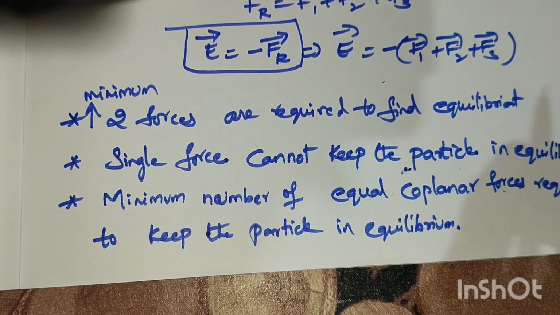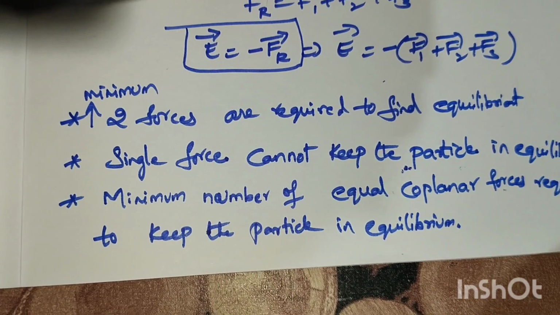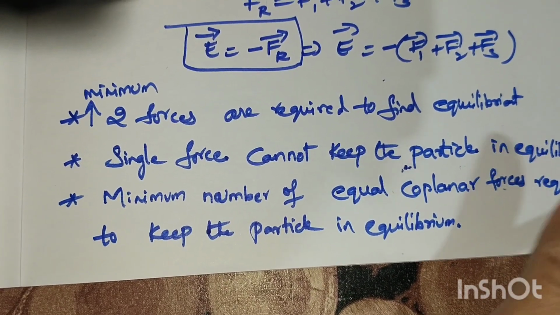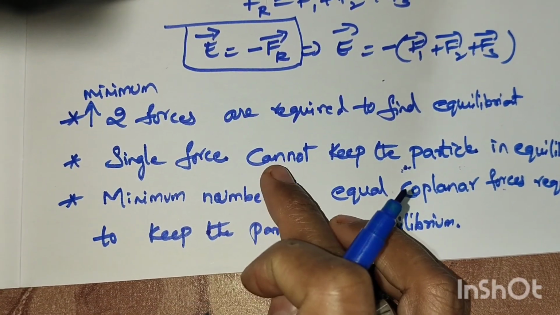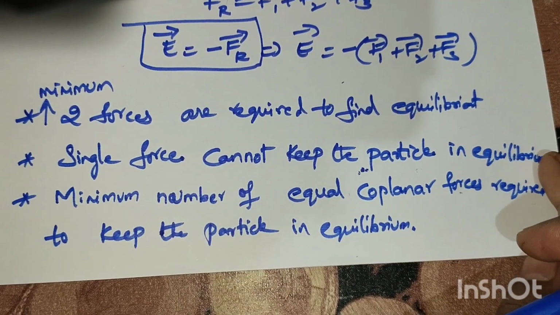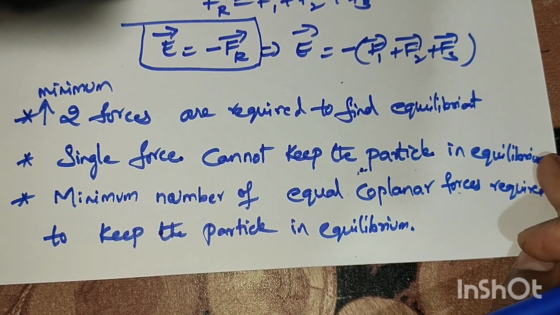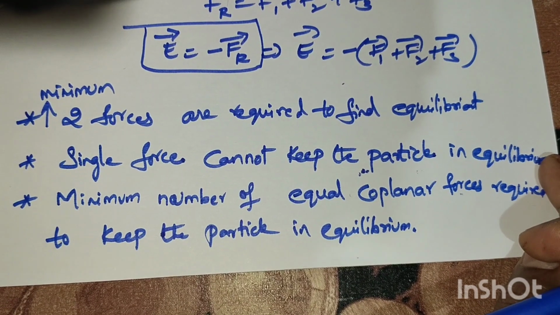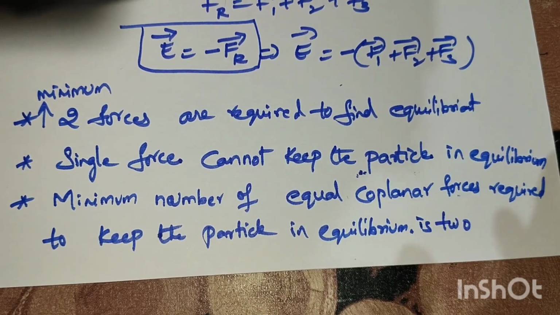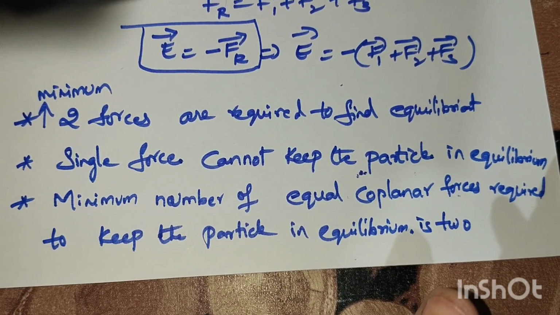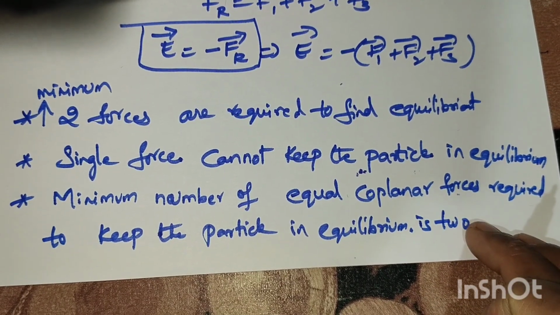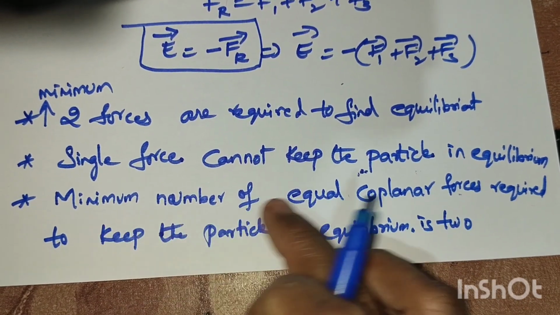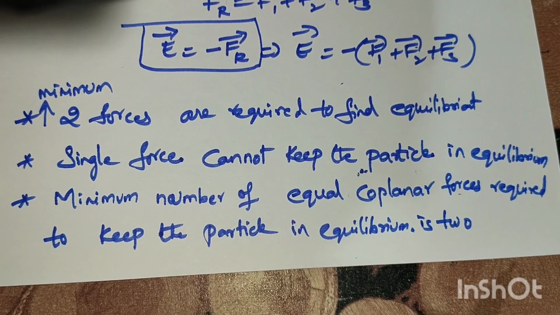To keep the particle in equilibrium, how many forces do we require? A single force can't keep the particle in equilibrium. So you should remember that no single force can keep the particle in equilibrium. The minimum number of forces required is 2, that is the minimum number of equal coplanar forces.